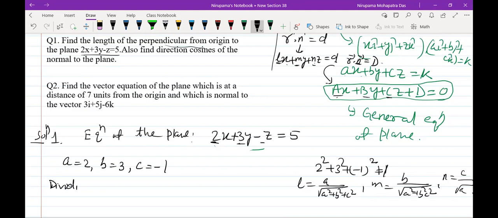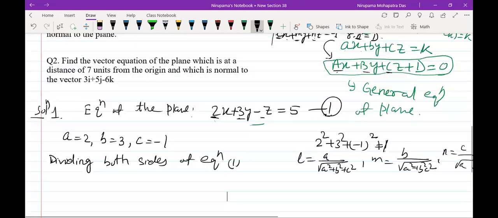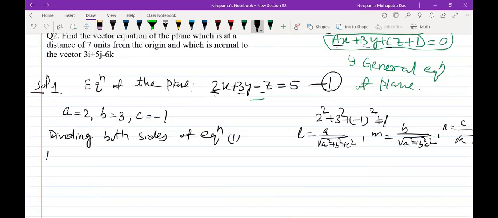Now dividing both sides of equation 1, the given equation, by under root A square plus B square plus C square, that is under root 2 square plus 3 square plus minus 1 square, under root 14.